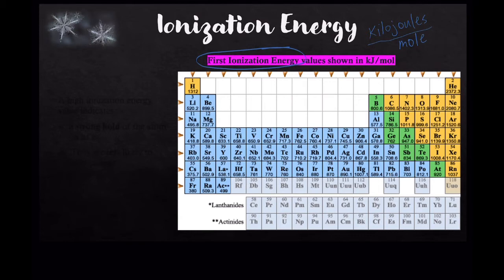See if you notice the pattern. We're looking at the general trend. So generally, when we go left to right in a period, notice how the ionization energy value increases, okay? And then also when you go up a group, notice again how the ionization value increases. Let's take, for example, francium.